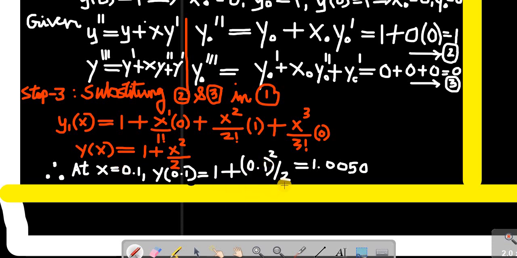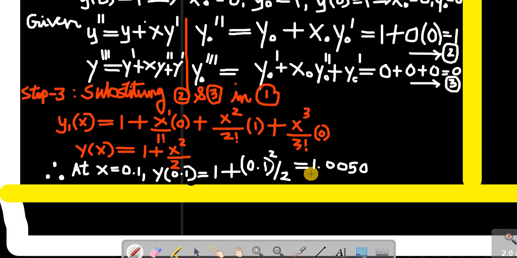So when x equals 0.1, it will be equal to 1 plus x squared divided by 2. So here x equals 0.1, therefore 1 plus 0.1 squared divided by 2 equals 1.005. You check if you have doubt.